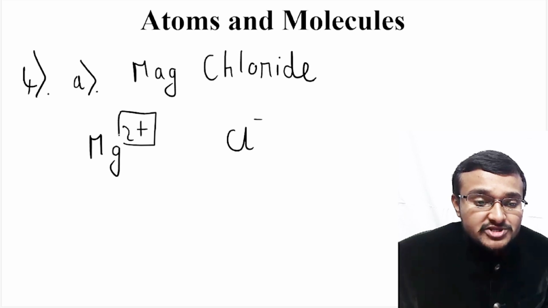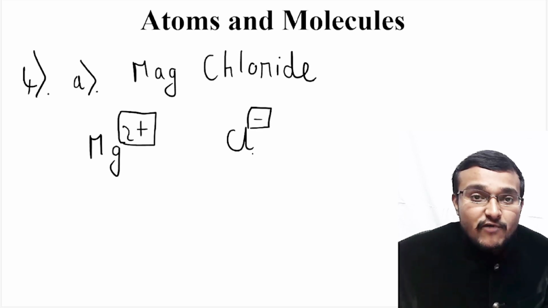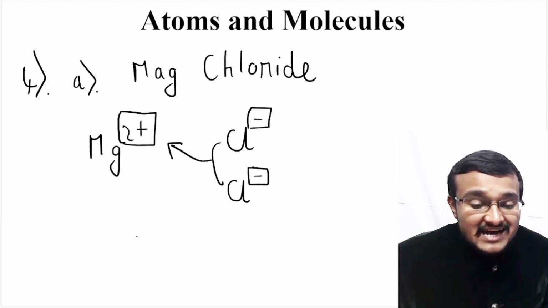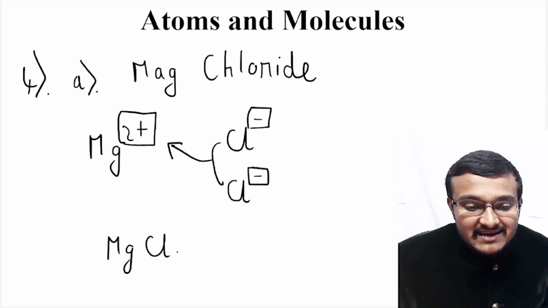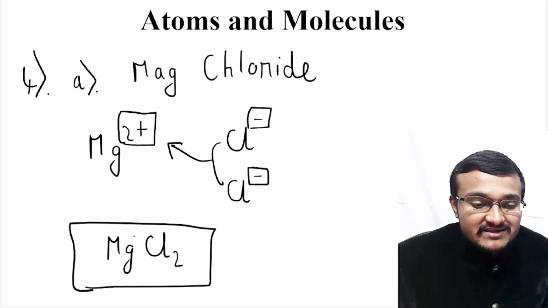To satisfy two positive charges of magnesium, one negative charge of one chlorine is not enough, so another chlorine should be present. So two Cl minus ions react with one Mg2 plus ion to form MgCl, and since we use two chlorine atoms, it will be Cl2. So MgCl2 is the chemical formula for magnesium chloride.